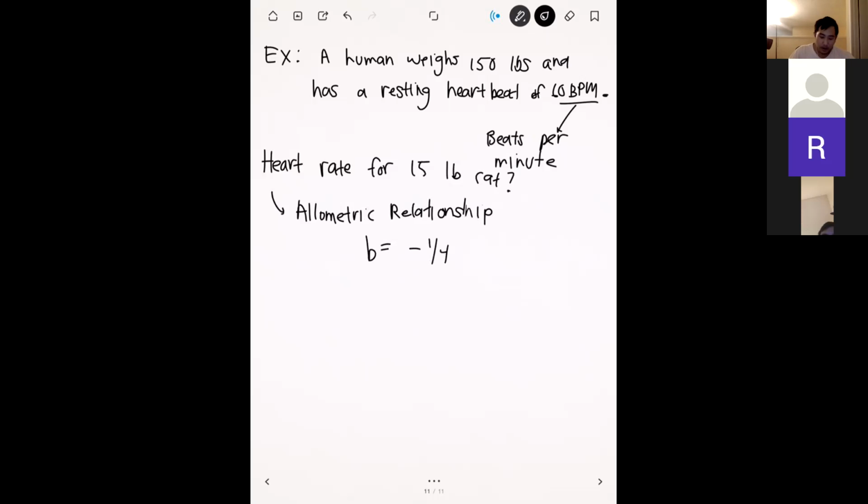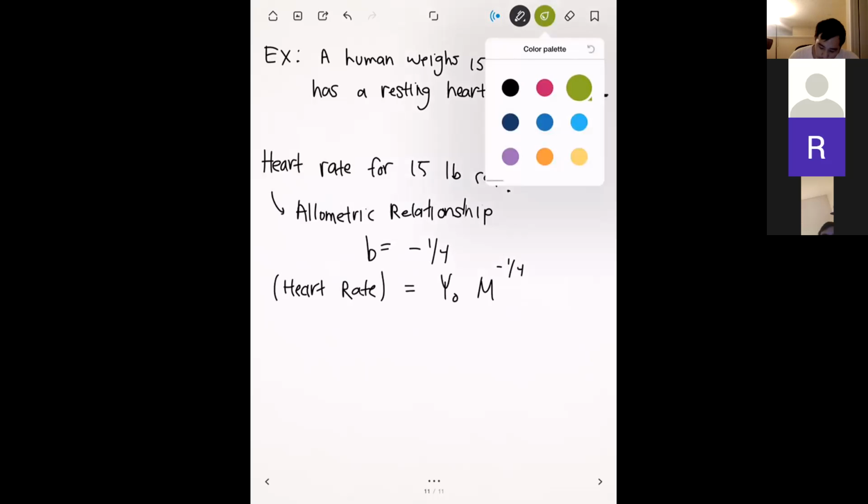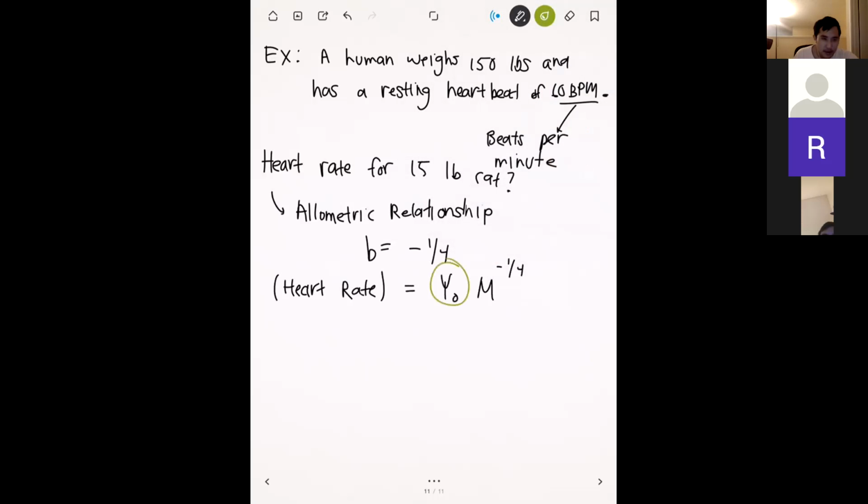Okay, and so what we can say is that the heart rate is equal to y naught, which is our reference value, times mass raised to the -1/4 power. Right now we don't know what y naught is, but it doesn't matter because we're just going to cancel it out in the equation.